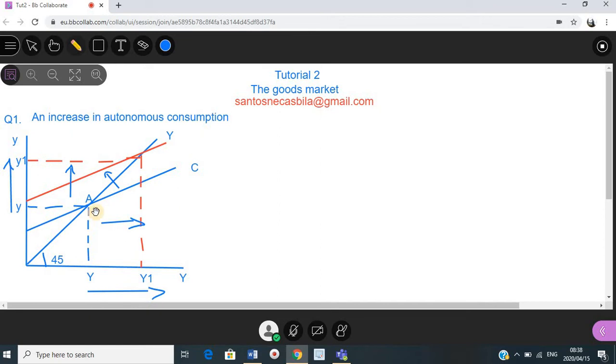And very good. This is what happens if we have an increase in one of these factors that affect our income level or production. So we will have an increase in our income level, and we will have an increase in our production.